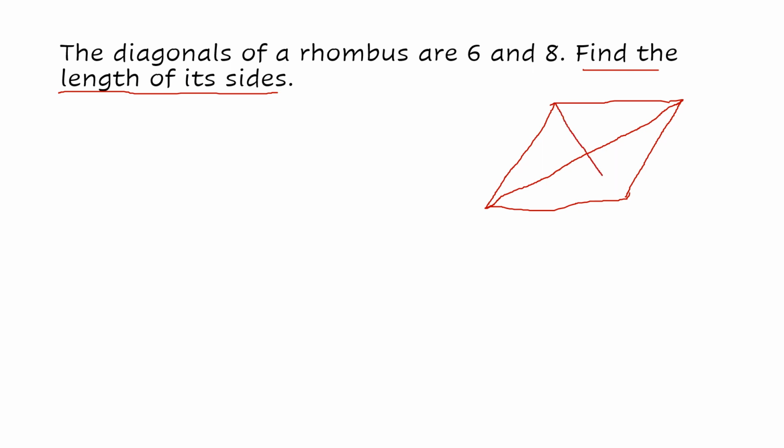So let's draw the diagonals here. But since the diagonals are perpendicular and they bisect each other, these two diagonals here form right angles. They form 4 right angles. So allow me to label these four right angles with the small squares.